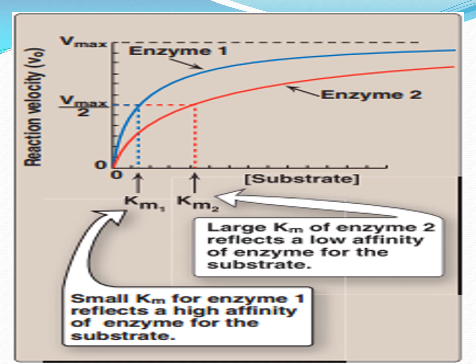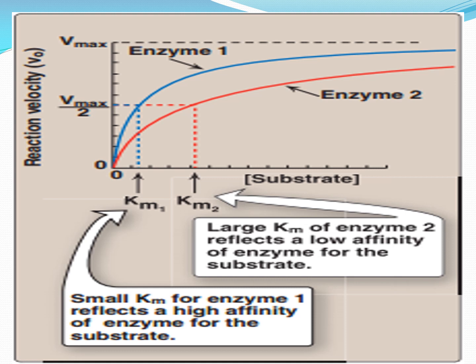So having a small Km for enzyme 1 reflects a high affinity of enzyme for the substrate, as to a large Km of enzyme 2 reflects a low affinity of enzyme for the substrate. So the smaller the Km, the more attracted the enzyme is to the substrate.